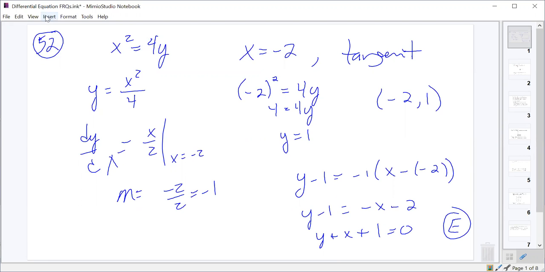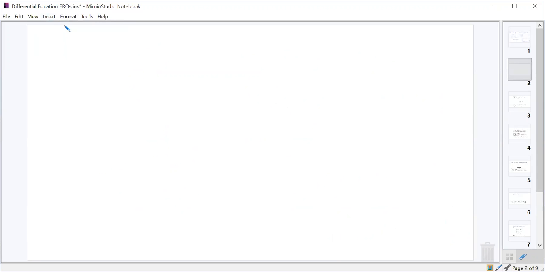So the next one somebody had asked about was number 65. It says there are 2 tangents that can be drawn from the point (3, 5) to the parabola y equals x squared, and we want to figure out what their slopes are.